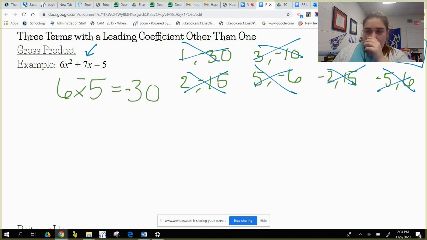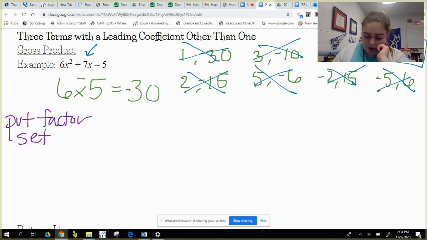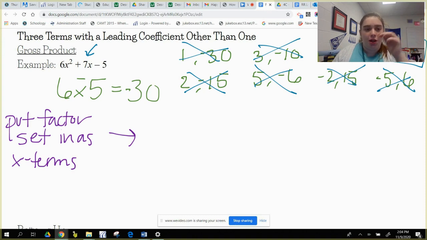Okay, so what we're going to do now, and I'm going to make a little note right here, is put that factor set into the middle equation as x terms. So we're just going to write our equation, but replace that 7x in the middle.